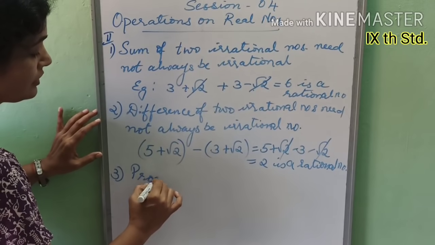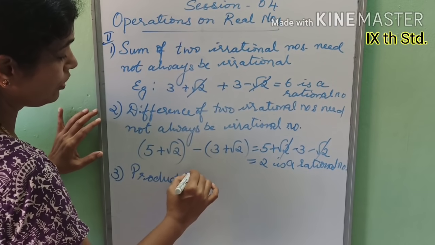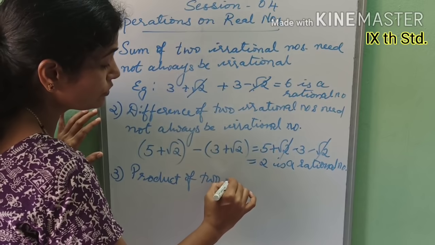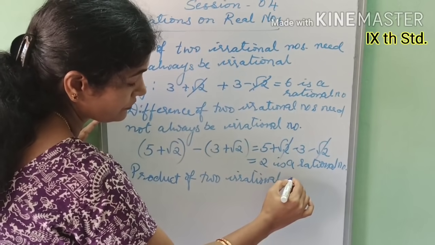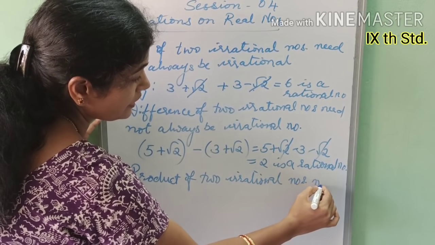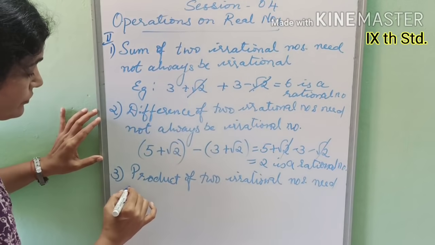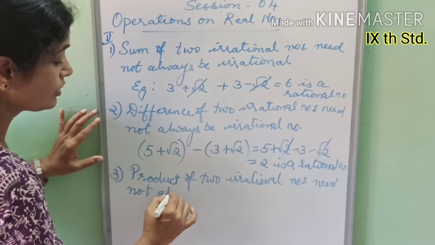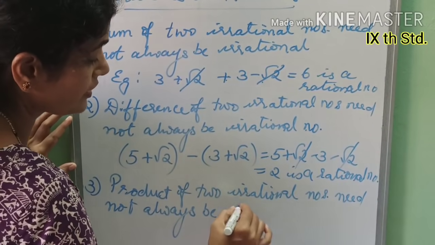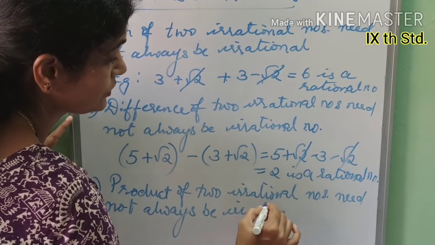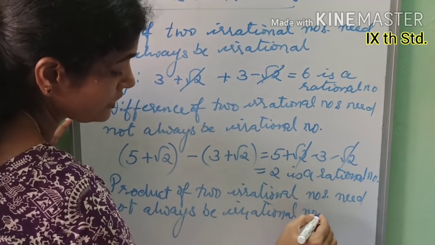Then the product of two irrational numbers need not always be an irrational number.